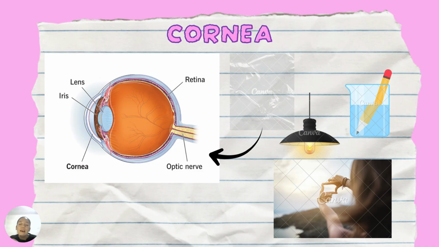It also has a refractive structure that provides approximately 2 or 3 thirds of the eye's focusing power, like a camera. When we try to focus on something, this is the part that allows the eye to do it.